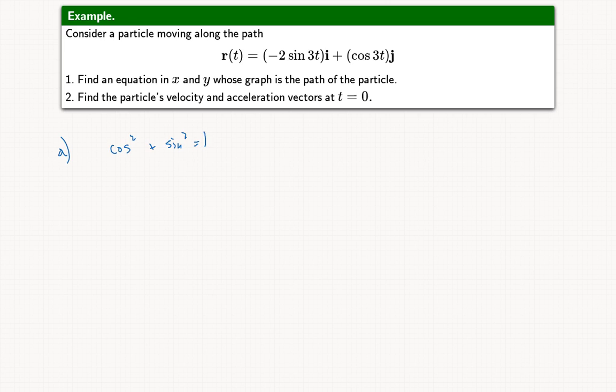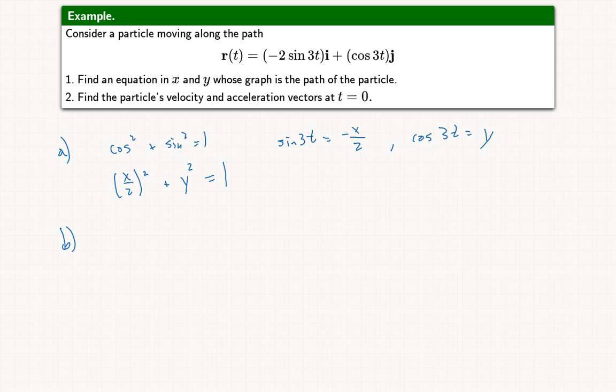So here we have sine 3t is -x/2, and cosine 3t is y. So the equation (x/2) squared plus y squared equals 1 will define the curve, which is parameterized by this path.